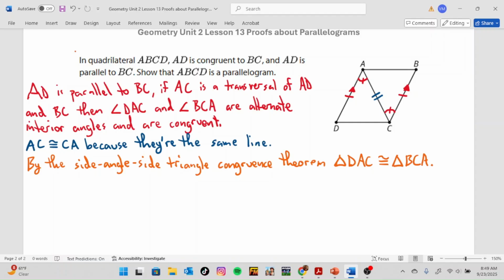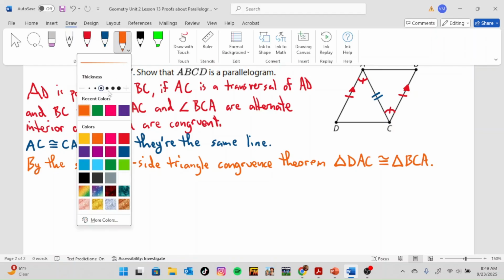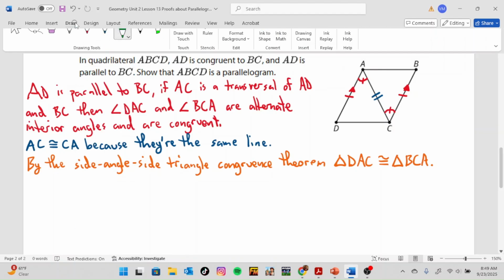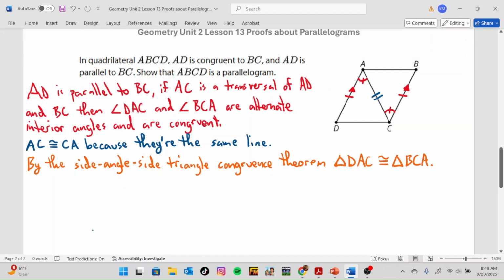So now that I know the two triangles are congruent, I now know that corresponding parts are congruent. So that means that I can say this angle and this angle are congruent.